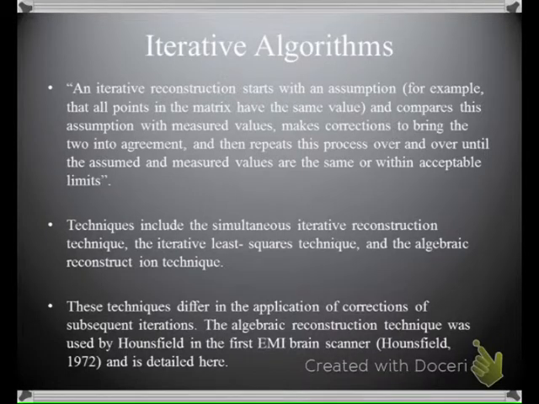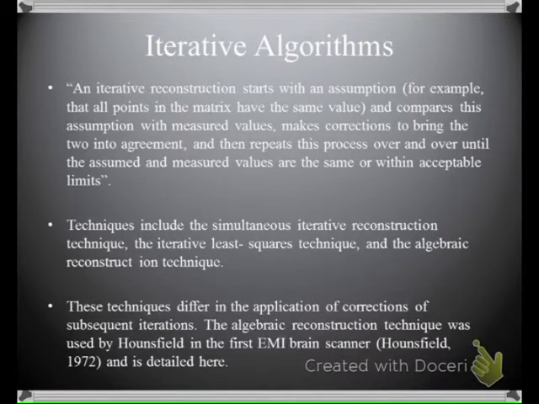This brings us to iterative algorithms. An iterative reconstruction starts with the assumption that all points of the matrix have the same value, and compares this assumption with the measured values, makes corrections to bring the two into agreement, and then repeats this process over and over until the assumed and measured values are the same or within acceptable limits.